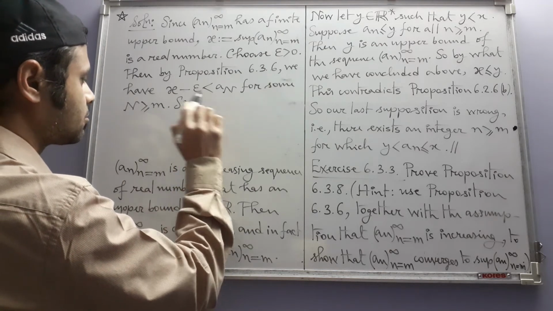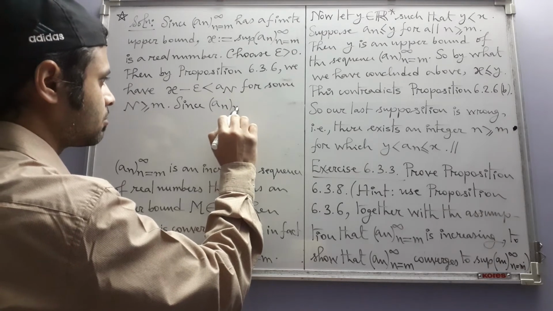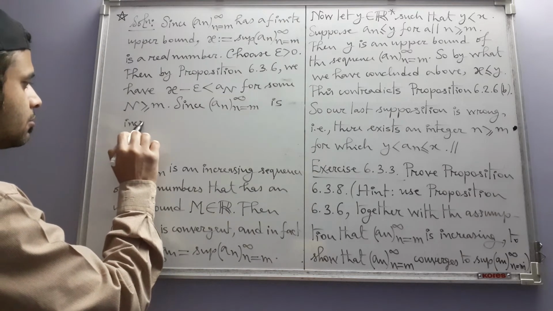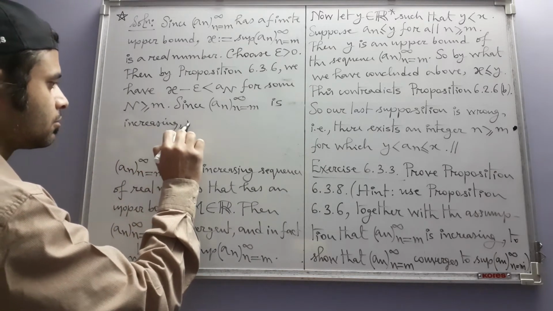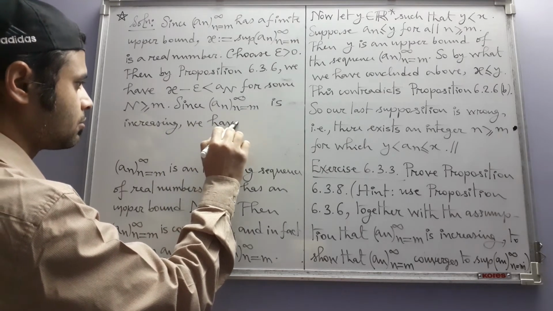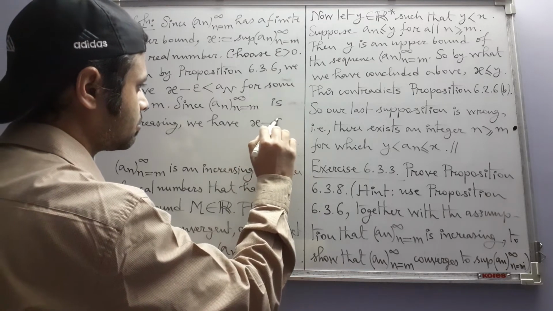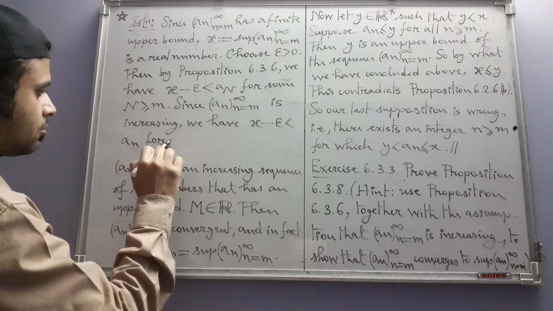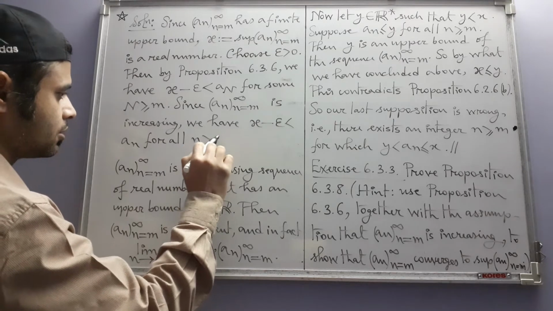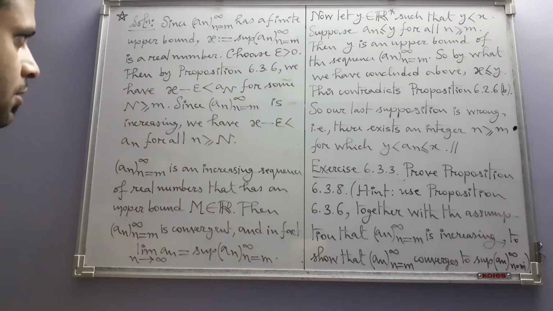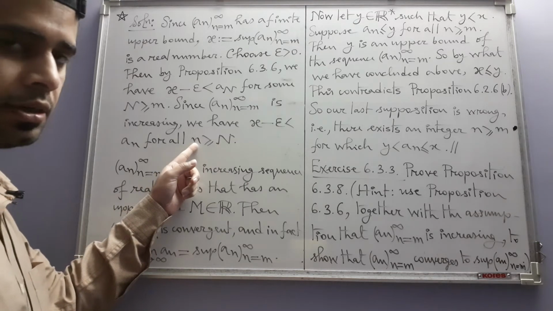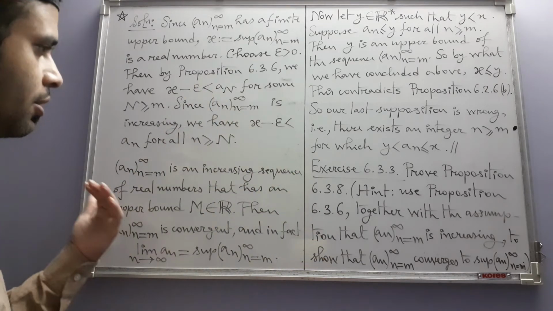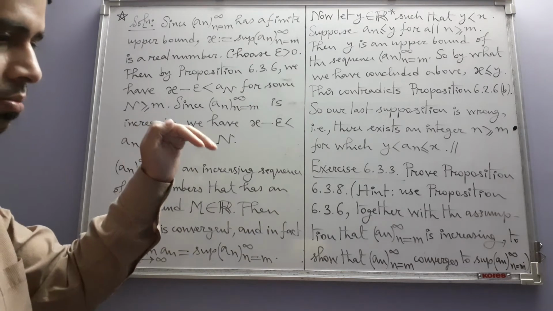Since this is increasing, we have a_n less than a_N for all n greater than or equal to N, because the higher the value of your n is, the more you have the value of the sequence, or it may stay the same but it will never go below a_N.